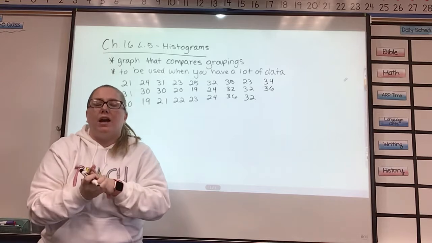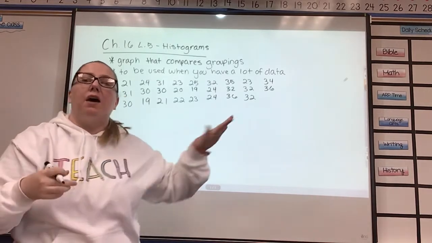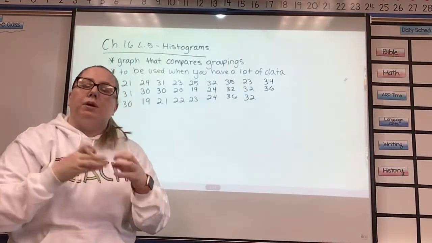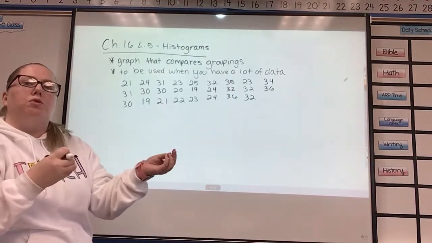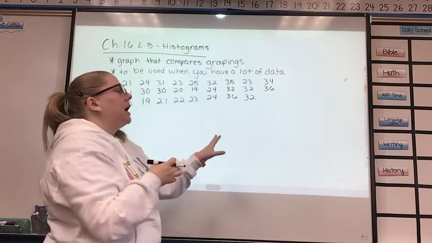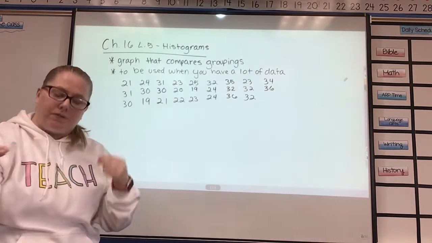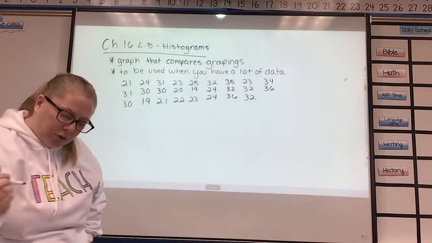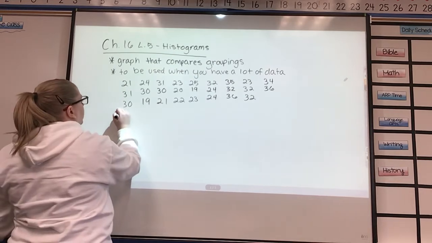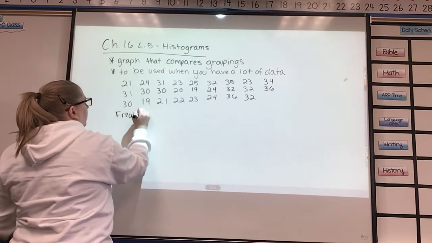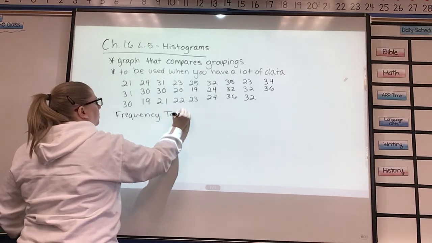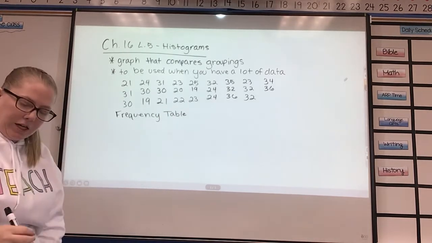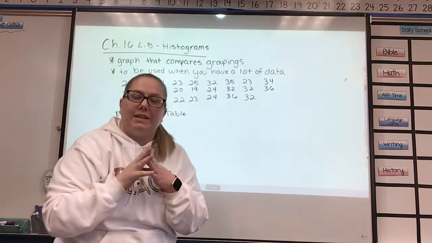So that's why I'm going to use a histogram, because I have so much data, and I'm going to use groupings. So in order to figure out those groupings, I need to look at the numbers and make a range of numbers. And I'm actually going to use what is called a frequency table. Okay, and that's exactly like it sounds.